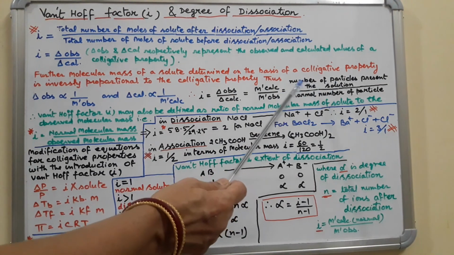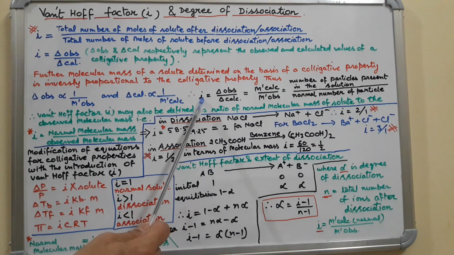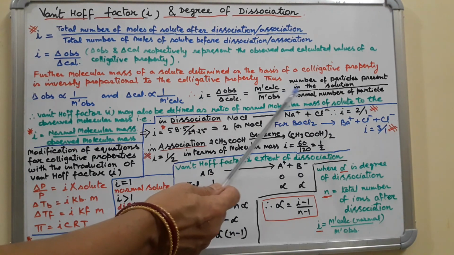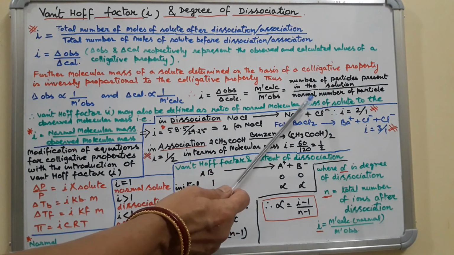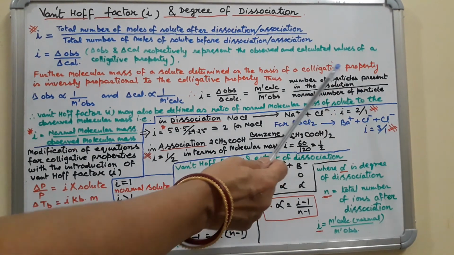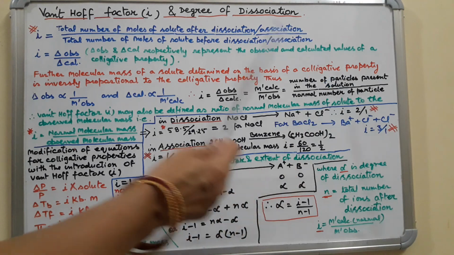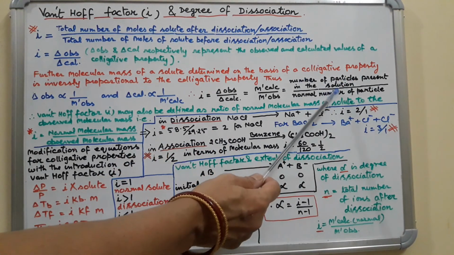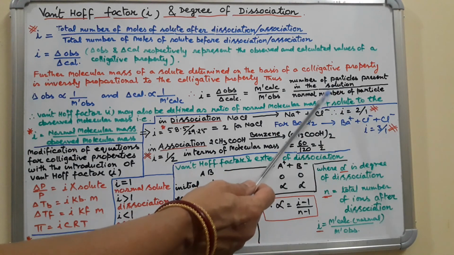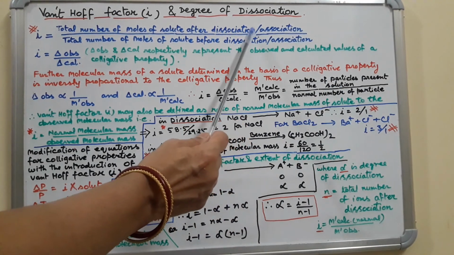Now actually, what is this? This i, again I have written here, is the number of particles present in the solution upon the normal number of particles. Actually this is the same as it is being mentioned here. So the number of particles present in the solution is after dissociation or association, as it is mentioned here.